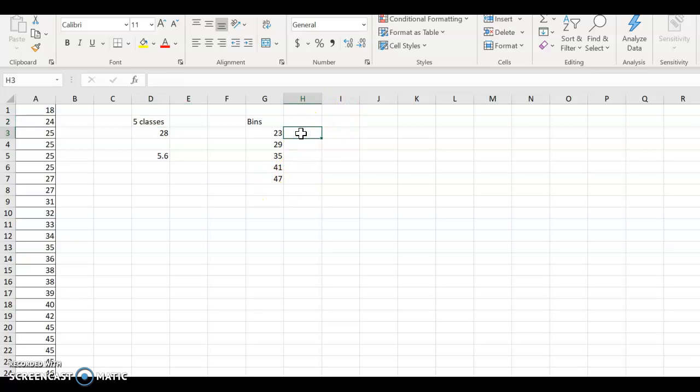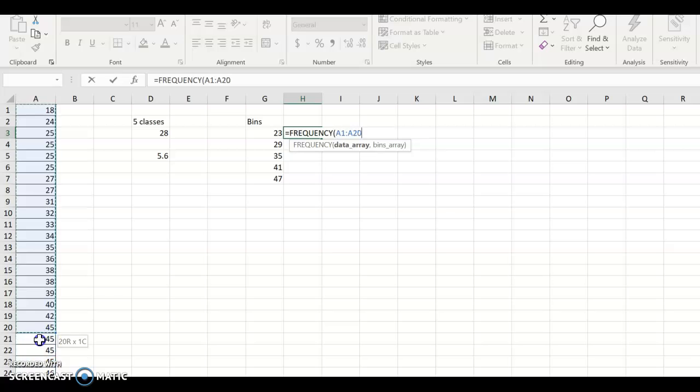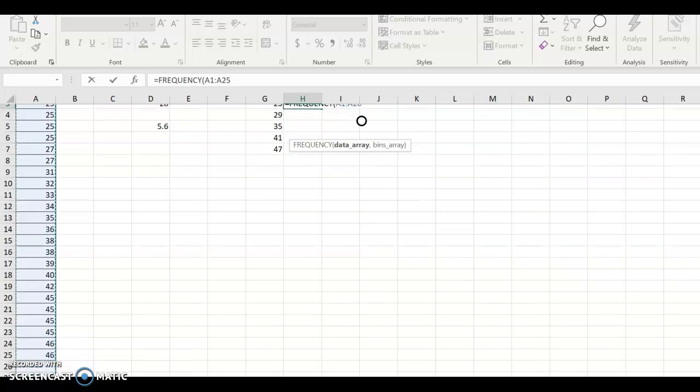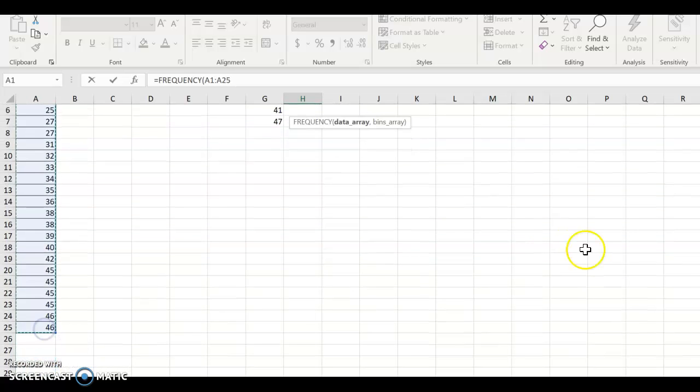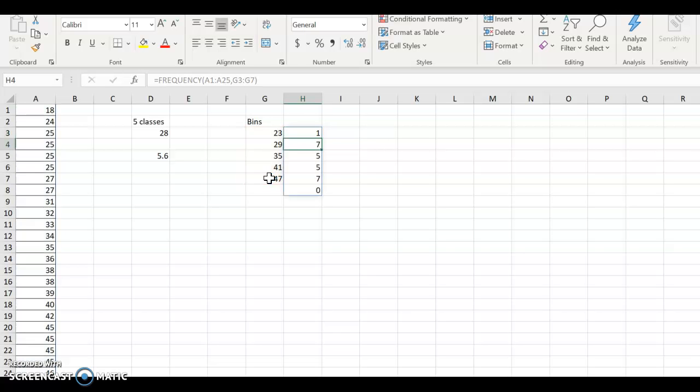So now I'm going to get the frequency. So equal frequency. Highlight your data points all the way to 25, and then comma, then highlight your bins, close your parenthesis and press enter.